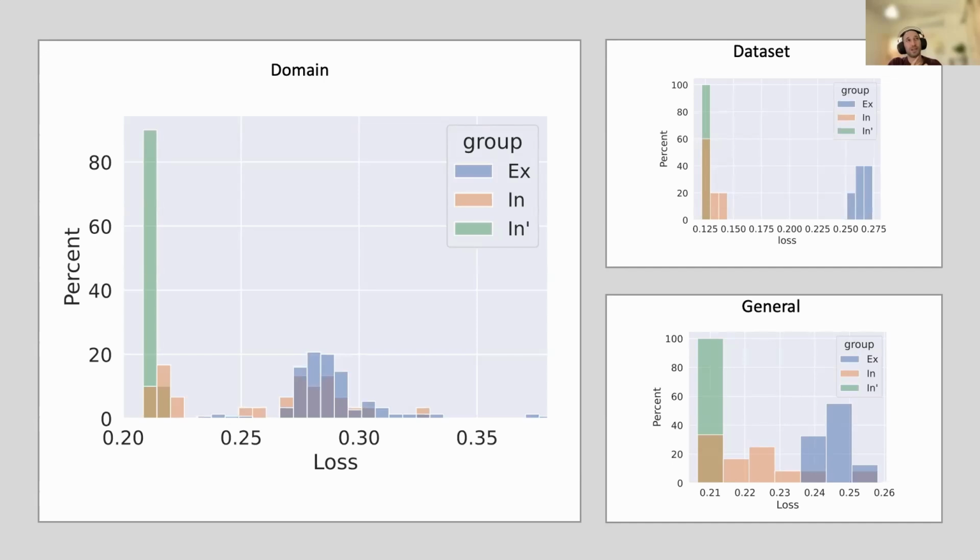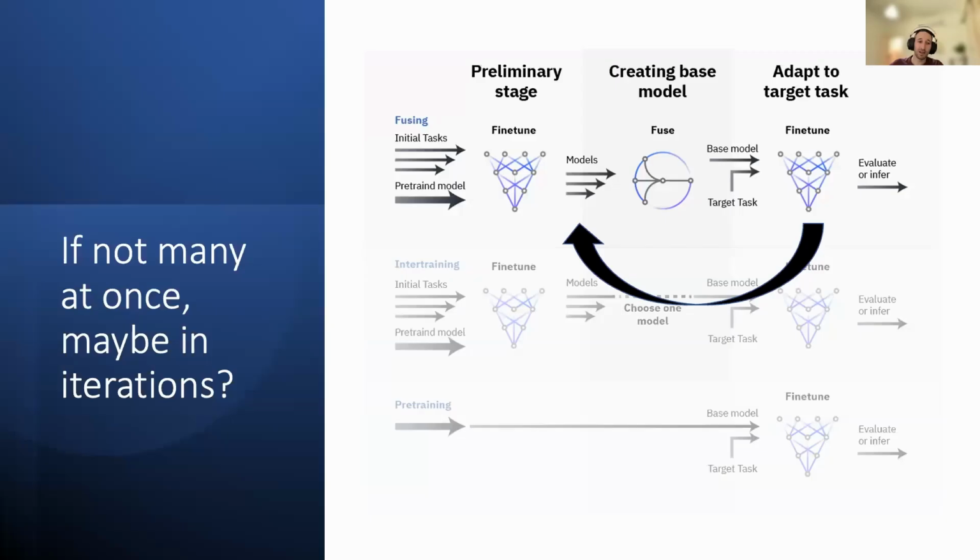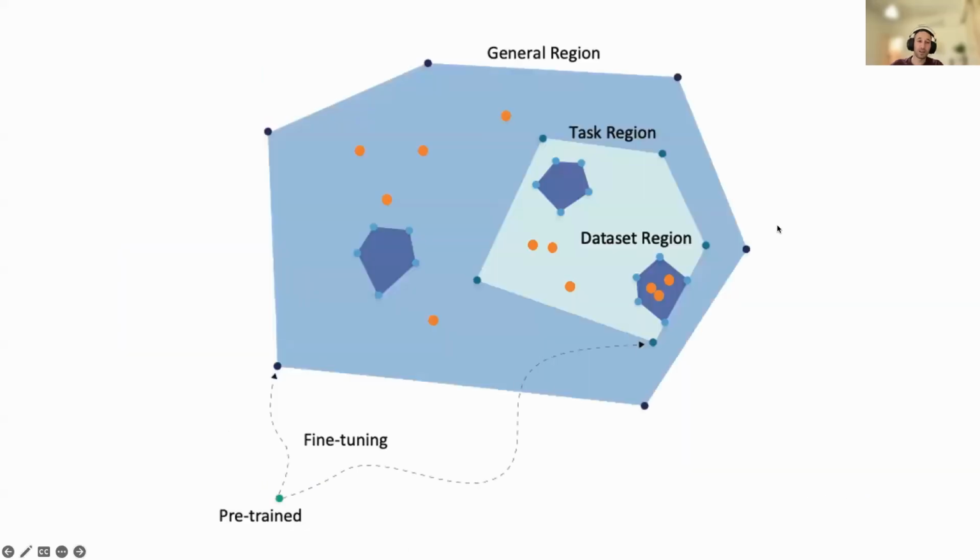Yes and no. So in a sense, what we do find is that indeed, let's go back one slide. Indeed, going somewhere in the region, and especially if you already know the region, would get you better than the models that you have. So for example, what we can do is, as you say, sample a point, take several models from Hugging Face or from wherever we have them.